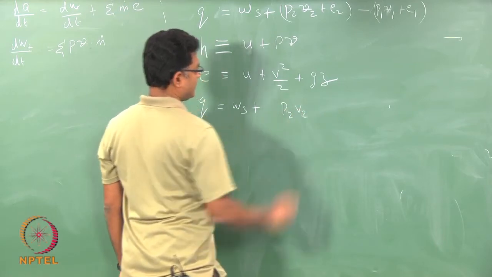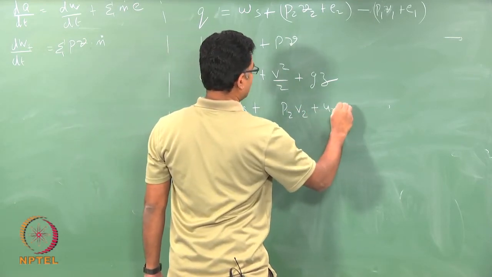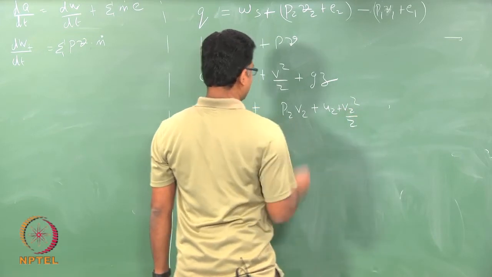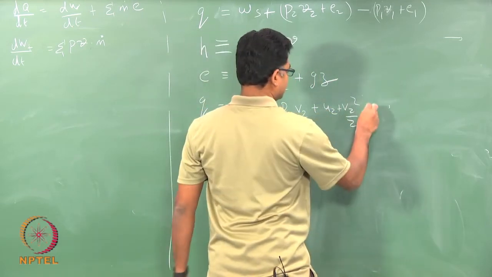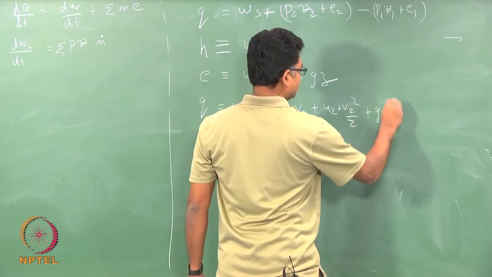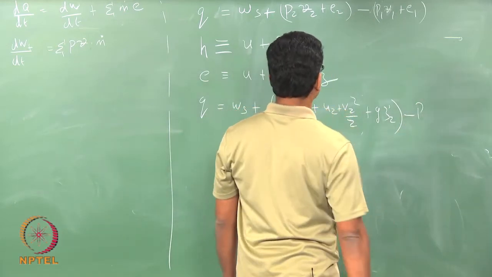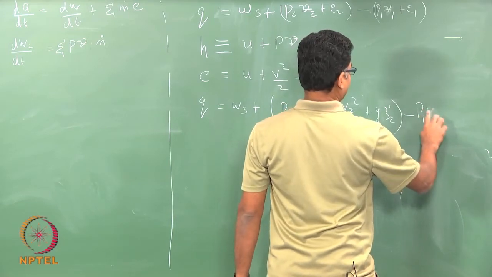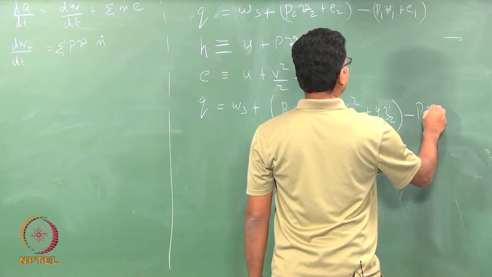E2 is U2 plus V2 square by 2. Let us leave the potential energy, or maybe we can add plus g Z2, minus P1 V1.